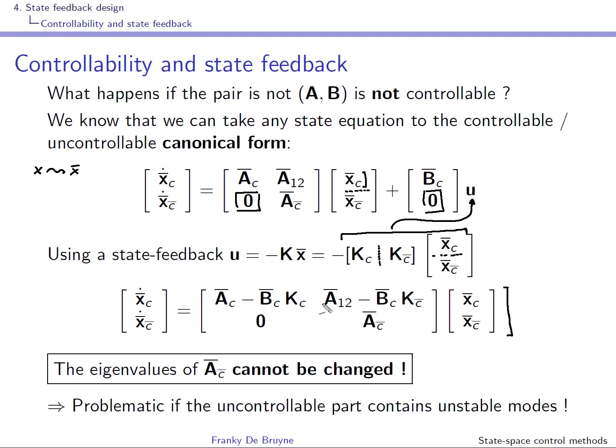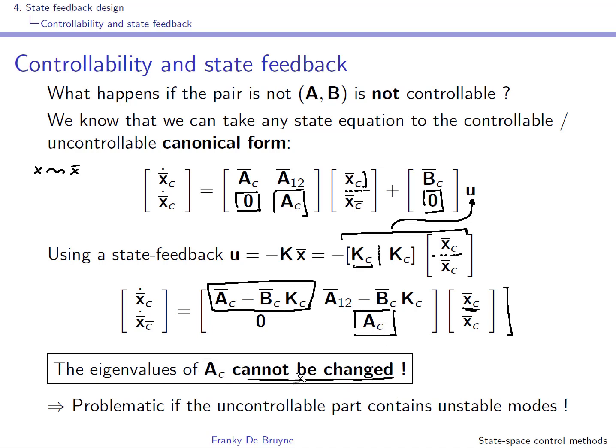So we can see here that the poles that are associated to the controllable parts can be modified through this part here of the feedback matrix, but the uncontrollable part has still the same dynamics as in open loop. So the eigenvalues of the matrix over here that is related to the uncontrollable part cannot be changed.